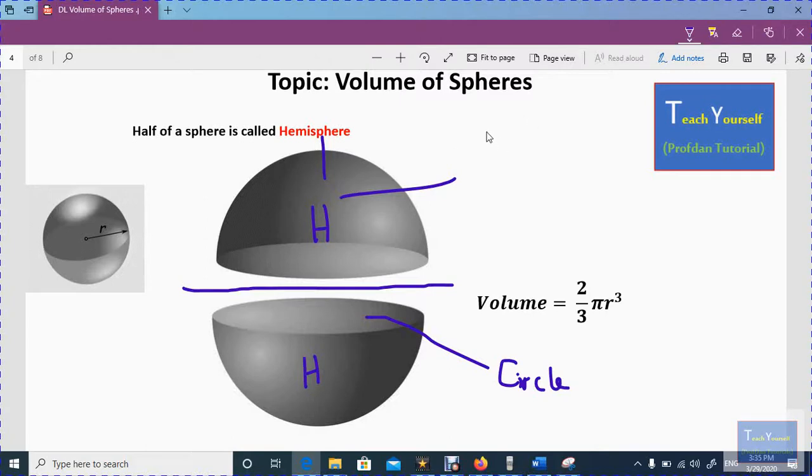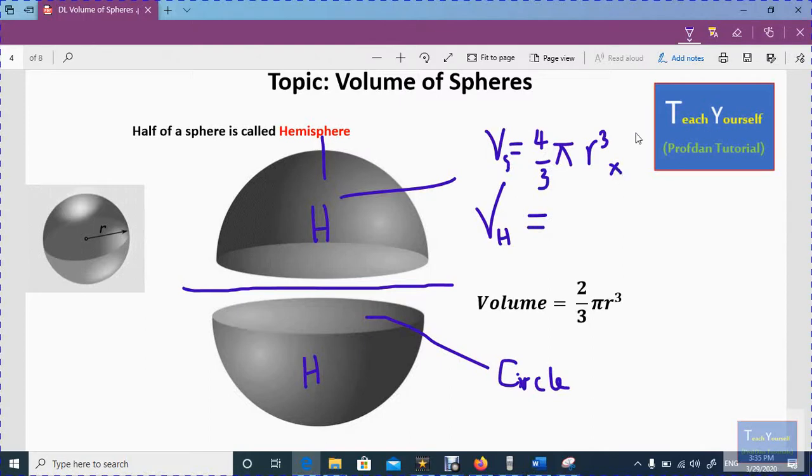So if the volume of a sphere is 4/3 times pi times the cube of its radius, then the volume of a hemisphere, since it is half of a sphere, you multiply this by half.